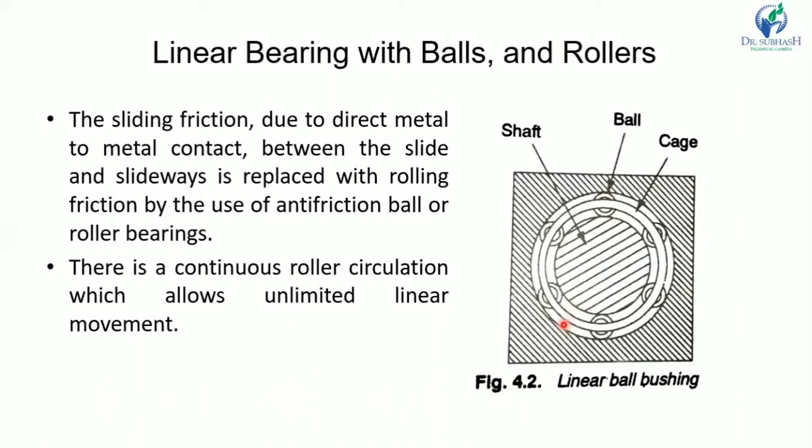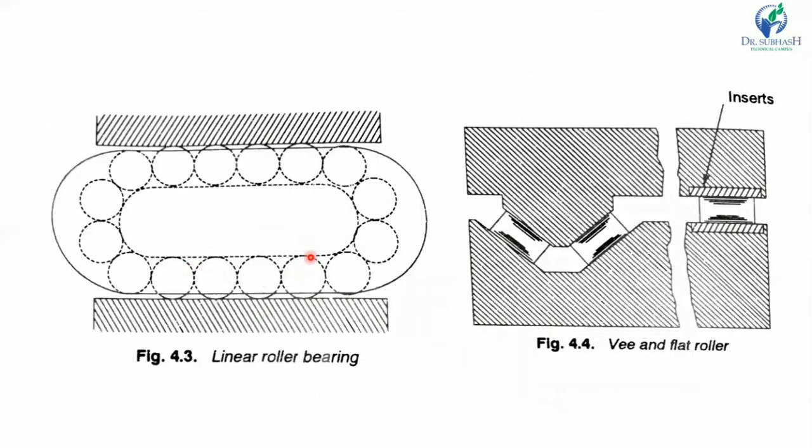For movement along a flat plane, recirculating linear roller bearings are used. The main characteristic of these linear roller bearings is the continuous roller circulation, which allows unlimited linear movement. A linear roller bearing is also called a trackway.